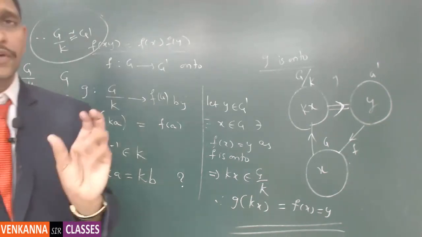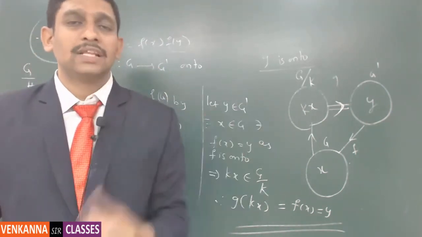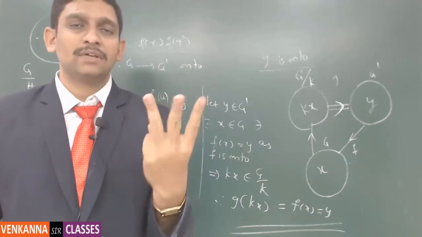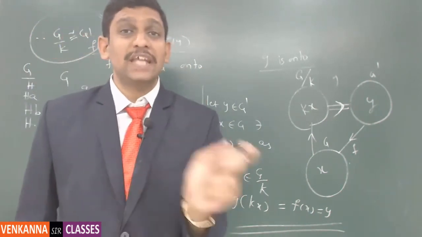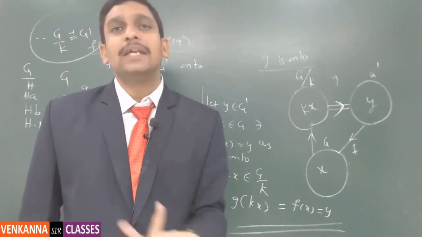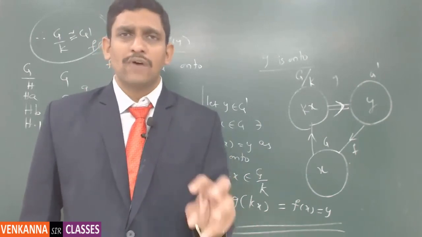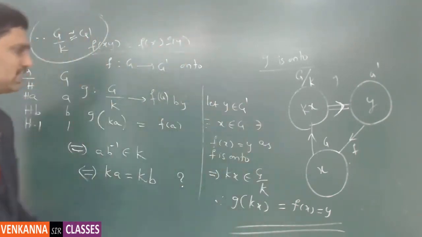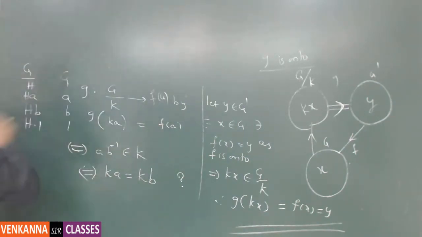So, if you want to write the third part, in the statement I have given the third statement, where it is given that if phi from G to G dash is an epimorphism, then G by kernel phi is isomorphic to G dash, right? For this also you write the same proof, no change at all. In the mapping, you just write like this.